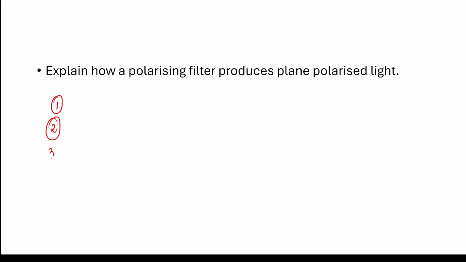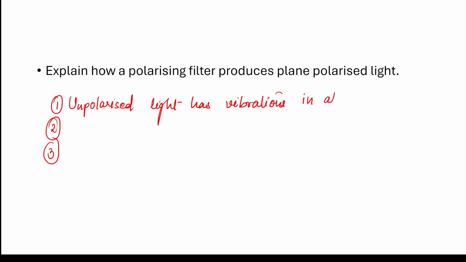So you can define unpolarized light: it has vibrations in all the directions, in all the planes. And what does a polarizing filter do?